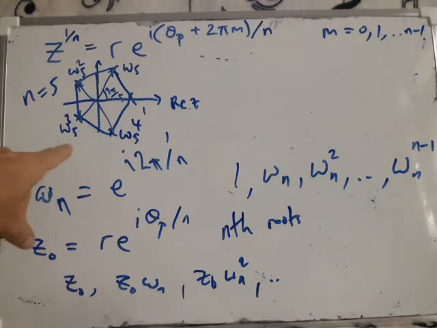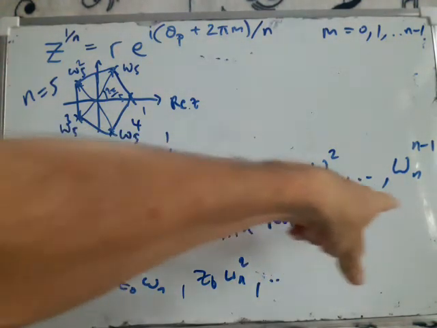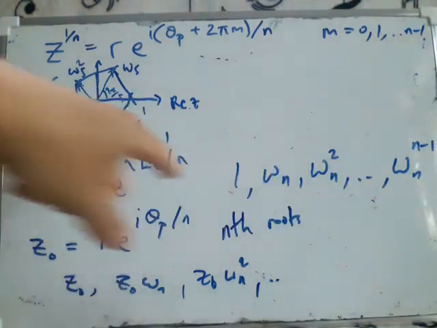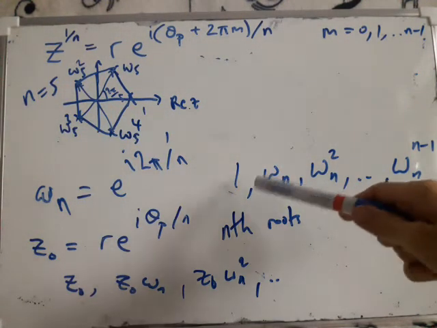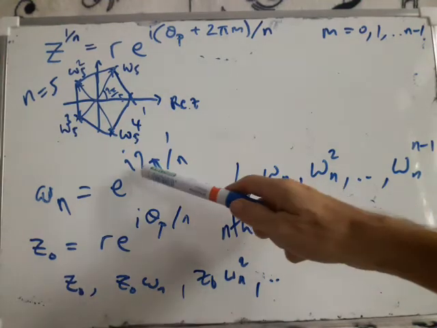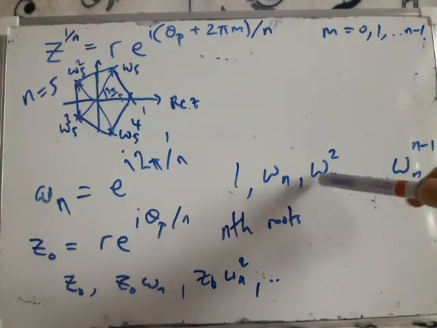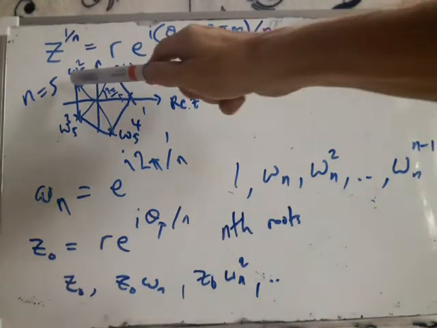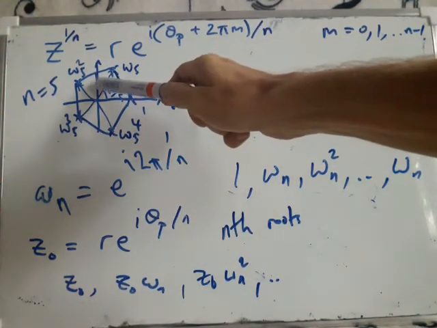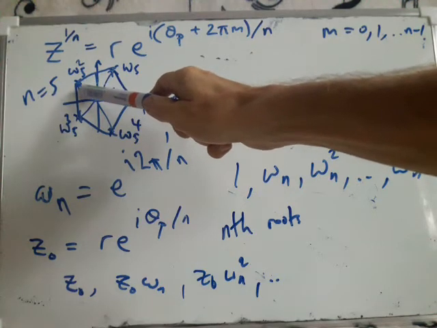So for example, if n equals 5, what do my fifth roots of unity look like? Well, I have 5 of them. 1, then e to the i 2 pi over 5, that's omega 5. Then that one squared, which corresponds just to rotating it by 2 pi over 5.